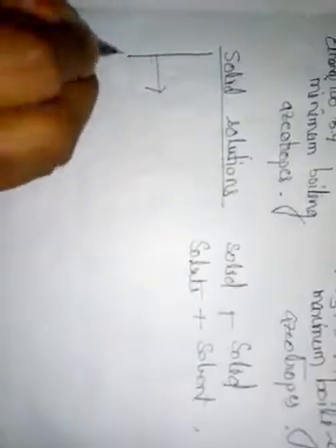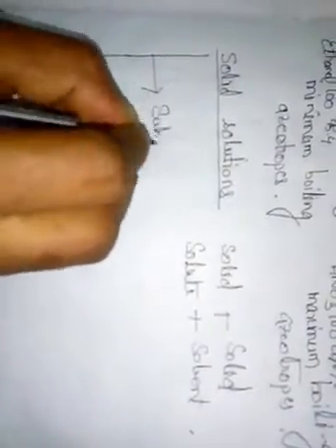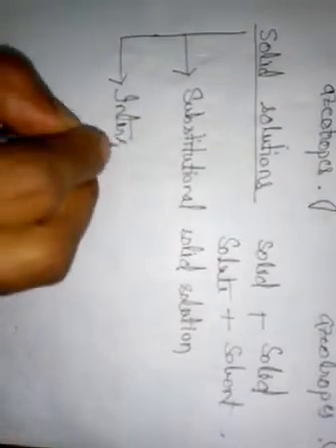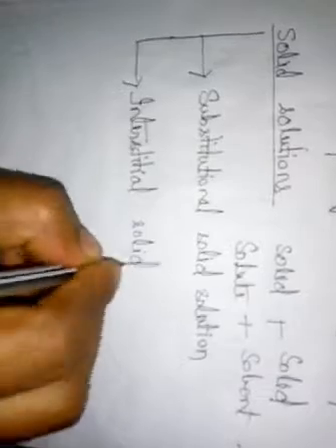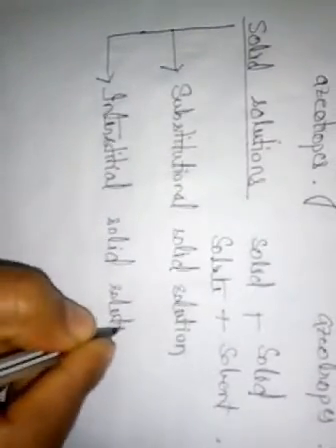Now when we go for these kinds of solutions, they are classified into two types. Number one is substitutional solid solutions and the second category is interstitial solid solutions. What are substitutional solid solutions?